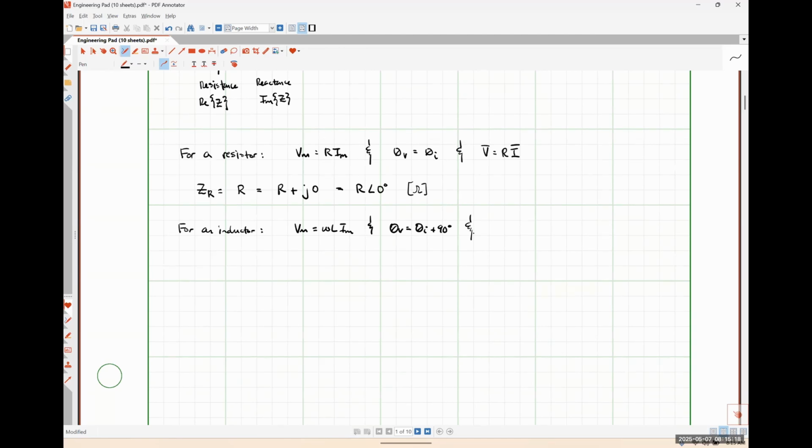And when we wrap things up talking about the frequency relationships for inductors, we had the relationship phasor voltage V was equal to j omega L times phasor current I. So from this relationship, we can see that our impedance, just V divided by I, is simply going to come out to be j omega L. Okay. In a more formal rectangular form, that would look like 0 plus j omega L. And in polar form, that would look like omega L with an angle of 90 degrees.